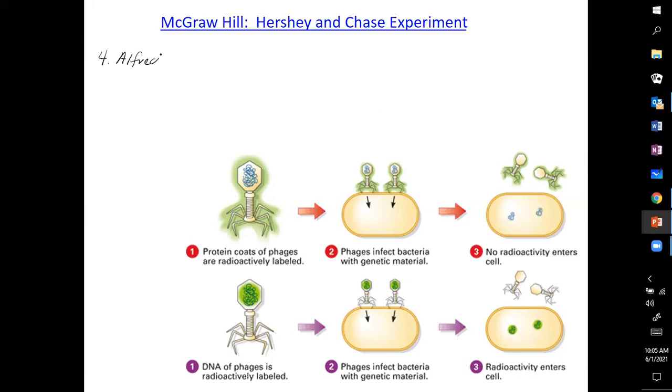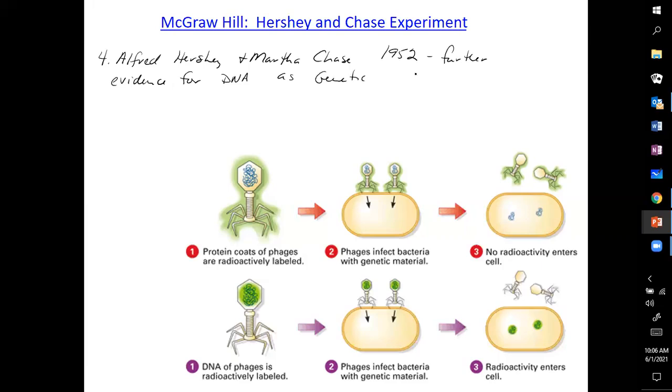So Alfred Hershey and Martha Chase in 1952 kind of nailed down DNA as the genetic material. So they gave further evidence for DNA as the genetic material.